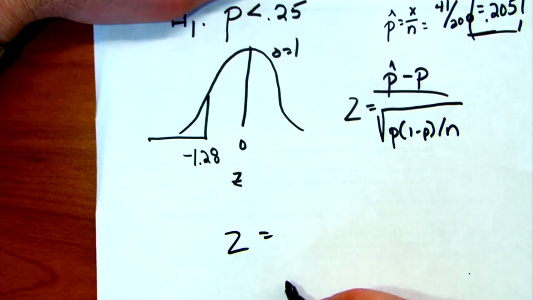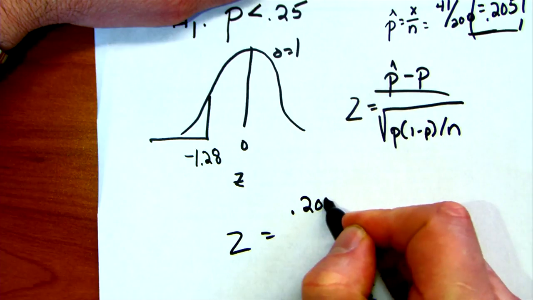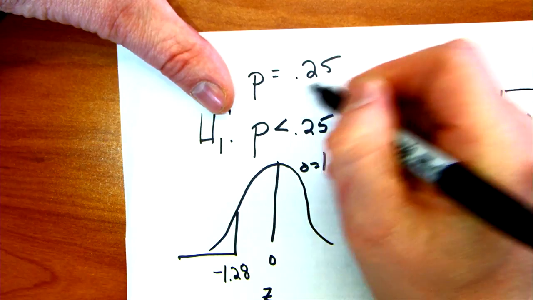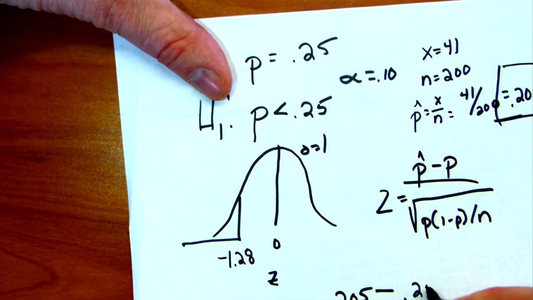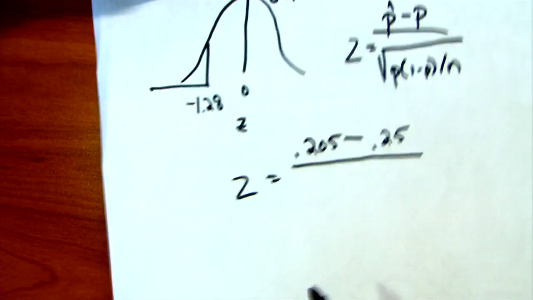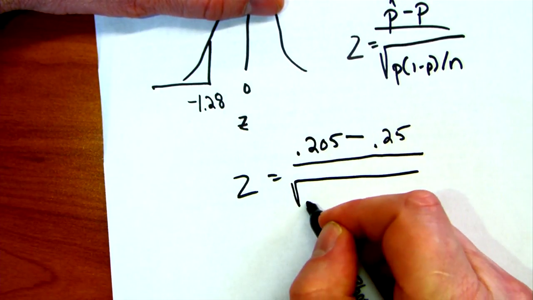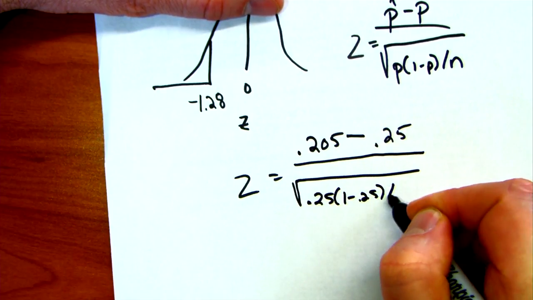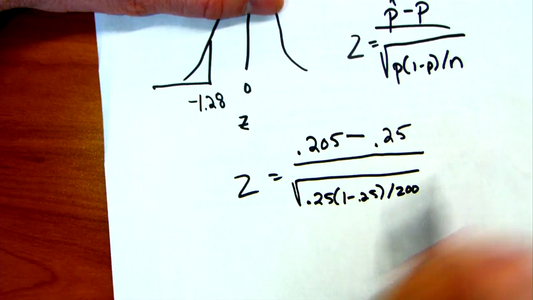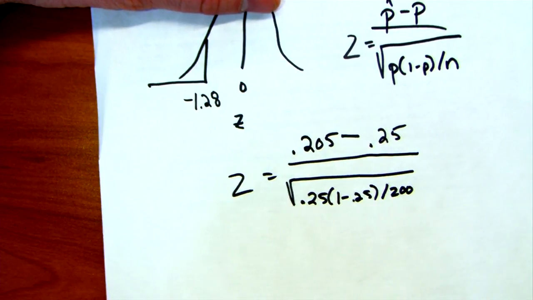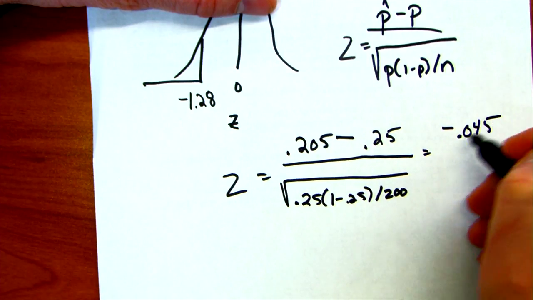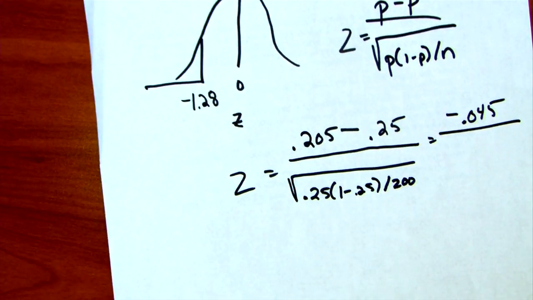Z is equal to p hat, which is 0.205, minus p, which at the beginning of this thing we assume to be 0.25, divided by the square root of p, 0.25, times 1 minus p, 0.75, divided by n, which is 200. You guys with me? The numerator becomes negative 0.045, and the denominator, need to do a little work.